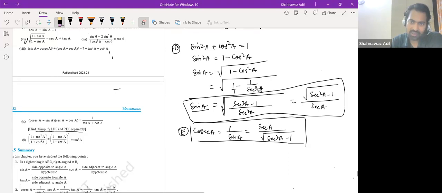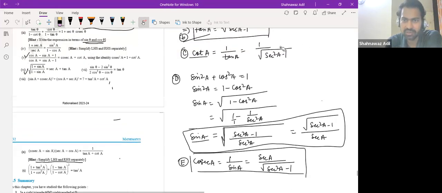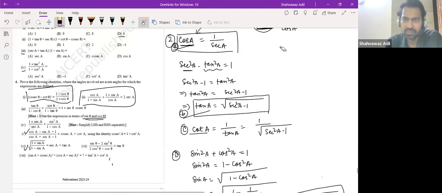But we don't know the mind of the examiner, so we should completely solve this, right? Any doubt, Tejasvi and Faiz? No, sir.